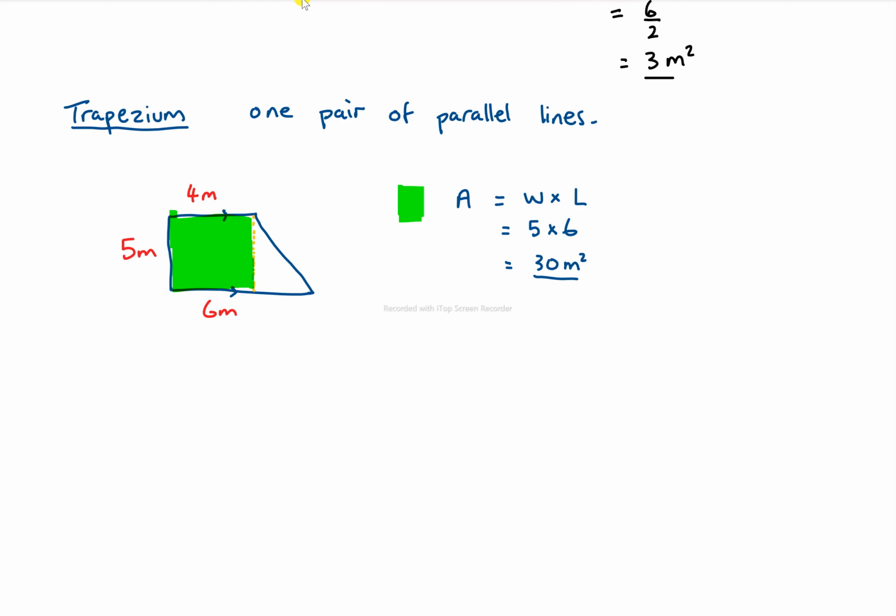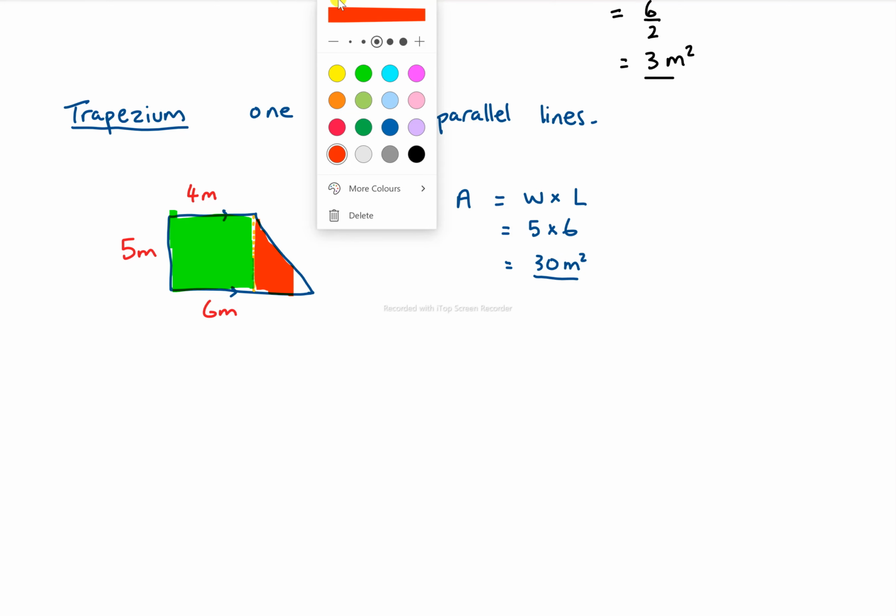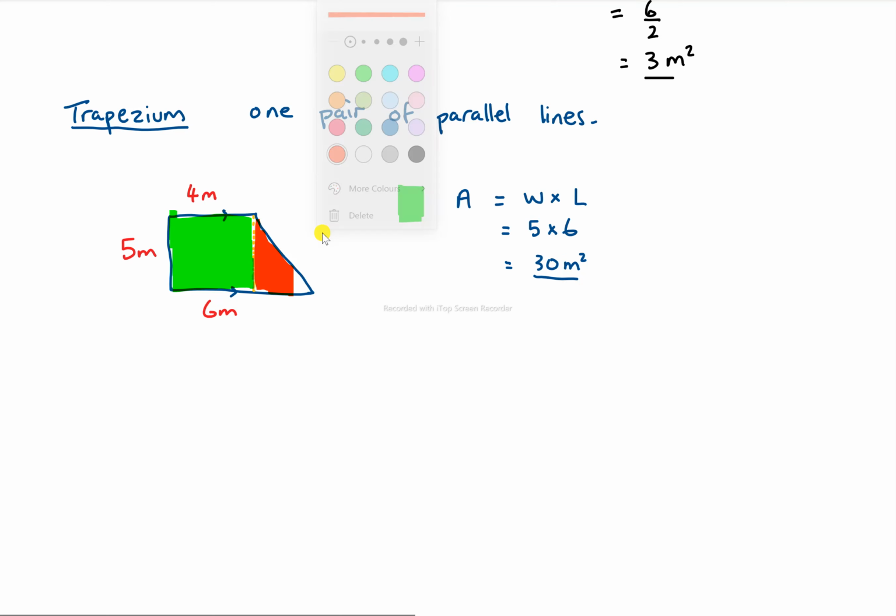Now what I want to do is work out how are we going to do this? I know what we can do. We can reduce it down to there. There you go. Right.